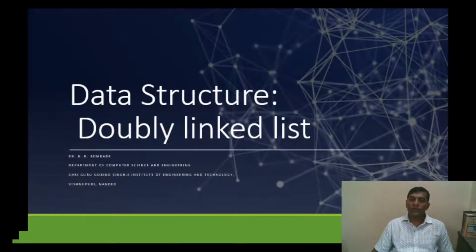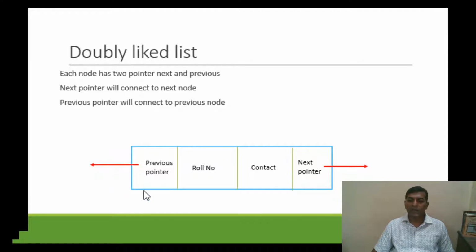In this data structure, we have a few things which allow us to work very efficiently for the management of data, known as doubly linked list. In this doubly linked list, we have a single node which looks like this. In each node we have information.